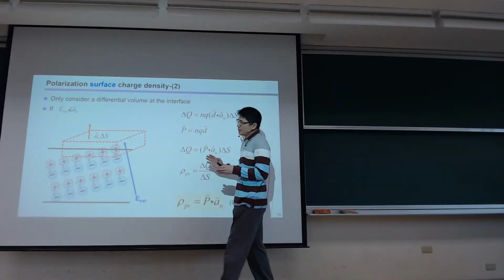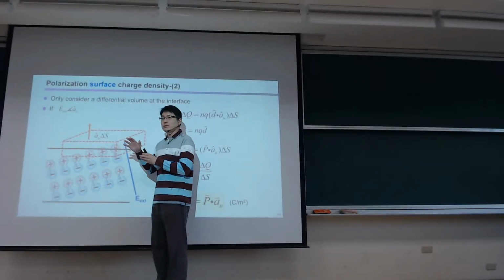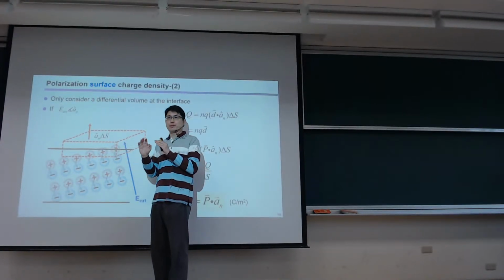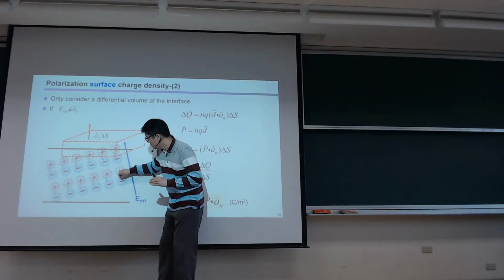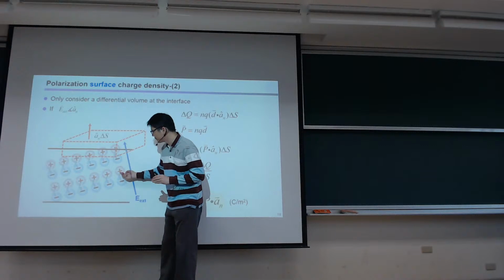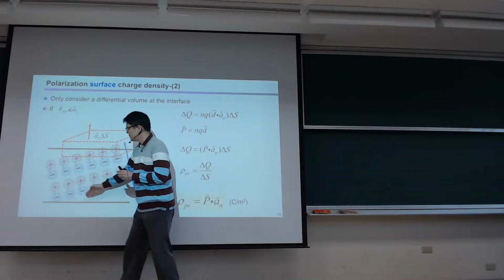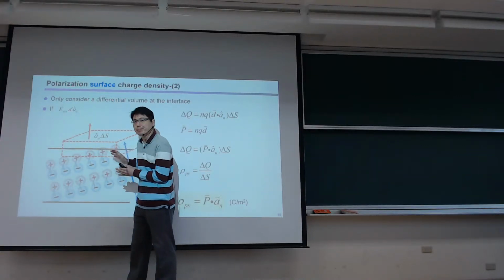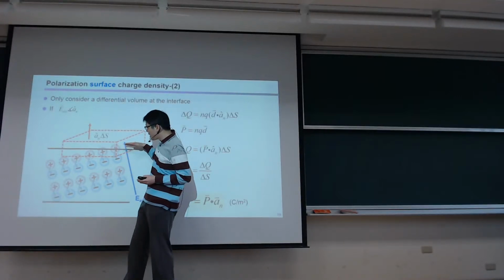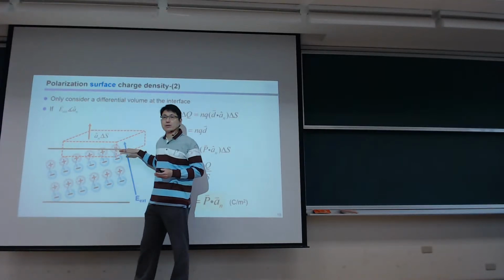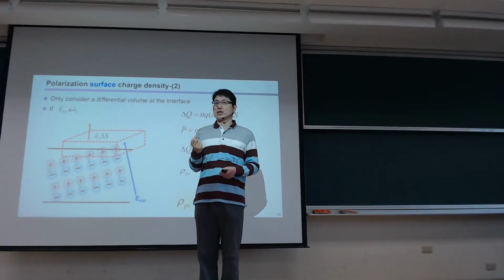So this is true even though for this material, you have very uniform distribution. You have the same material, and locally, at each point, you have dipoles. So even though inside the material, as a bulk, it appears to be charge neutral, at the surface you have the presence of the surface charge density.